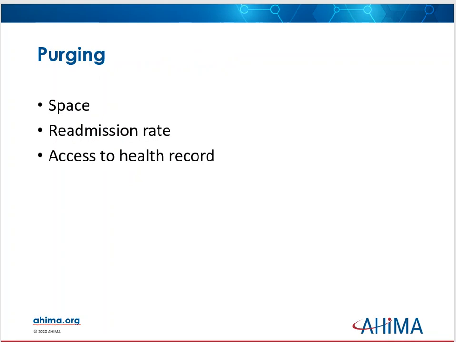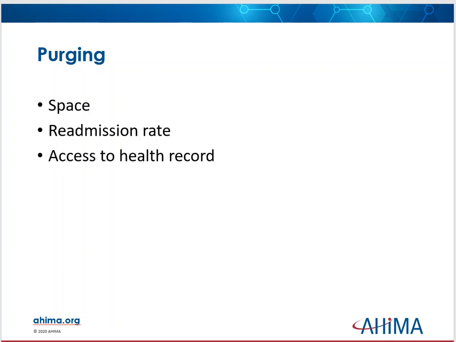Purging is the process of identifying with predetermined criteria that you are able to pull certain records based on different criteria to open up room in that shelving area. So if you're running out of room and the records are tight, you can go in because you need space, you're going to purge some records.